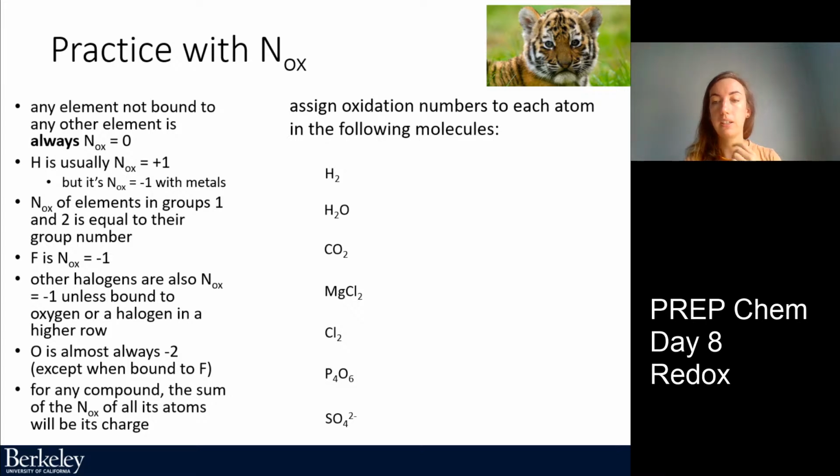Okay, so let's come back together and I'll go through the solutions here, and then if there are questions about how I got to those solutions, please ask them. So for H2, we're going to use that first rule. Hydrogen is only bound to another hydrogen, and so both hydrogens have an oxidation number of 0.